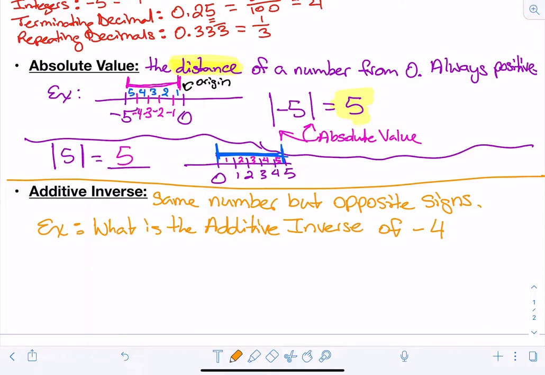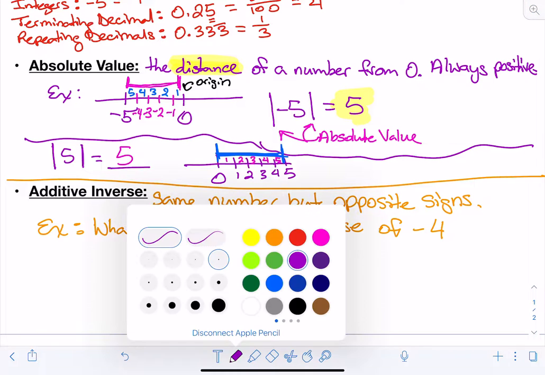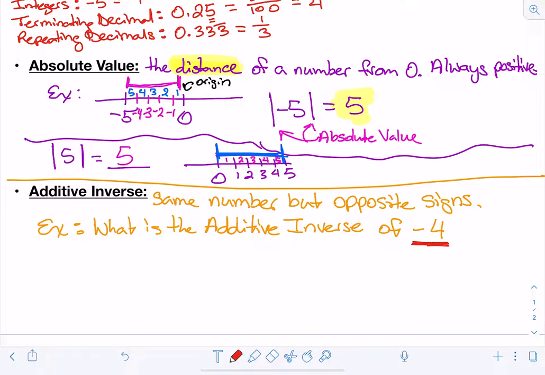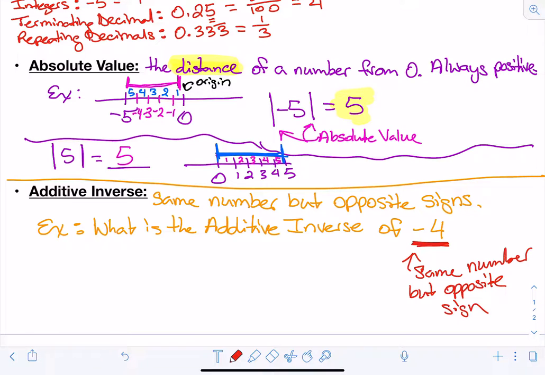Well, it's the same number, right? Same number, but opposite sign. So that means the additive inverse of -4 would equal +4.